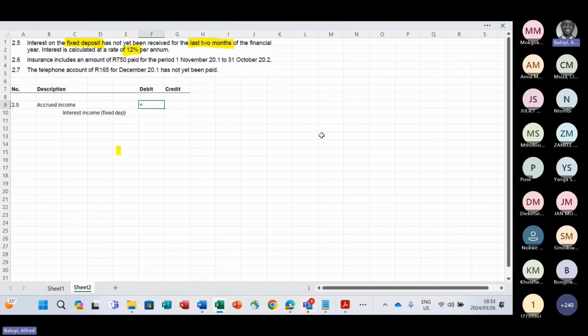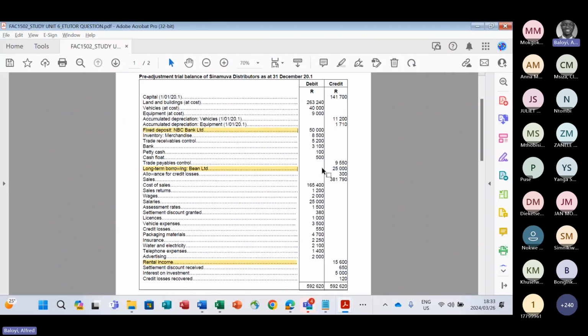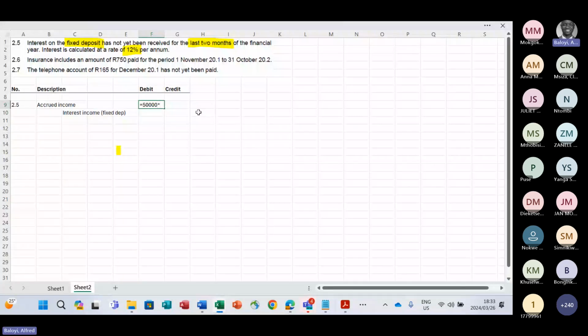So how do you calculate that? It will be 50,000 coming from the trial balance, multiplied by the 12%, 12% multiplied by how many months? The last 2 months. So it wasn't paid for the last 2 months.